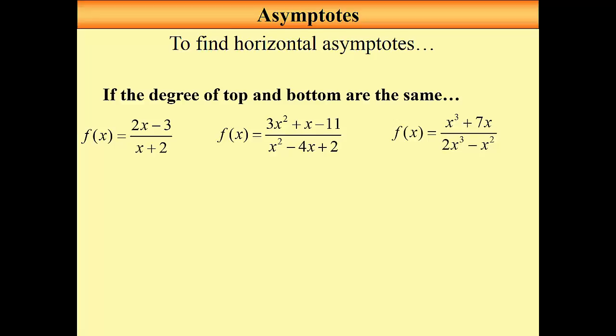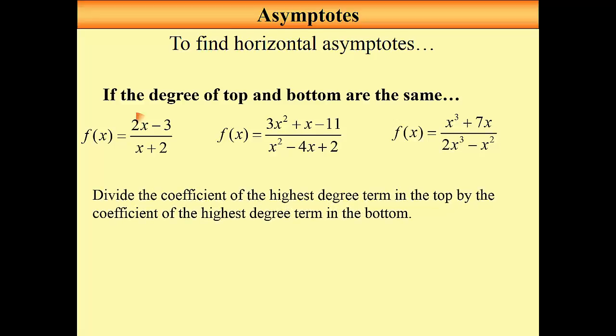Either the degree of the top and the bottom are the same. Look at this. The first one has a degree 1 on top, degree 1 on bottom. The degree is the same, so we divide the coefficients of those two terms. 2 divided by 1 would be 2.